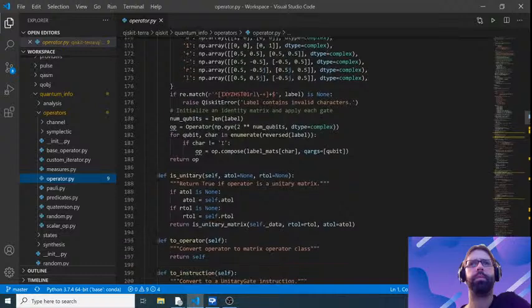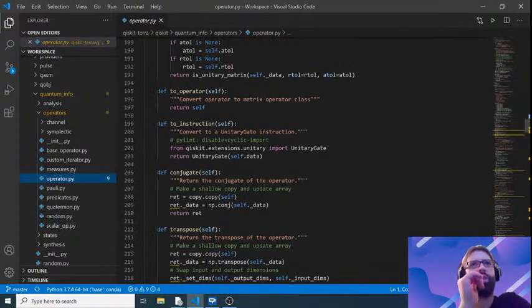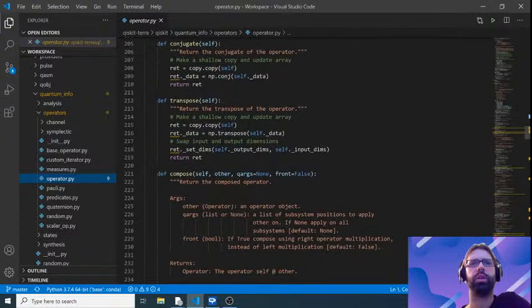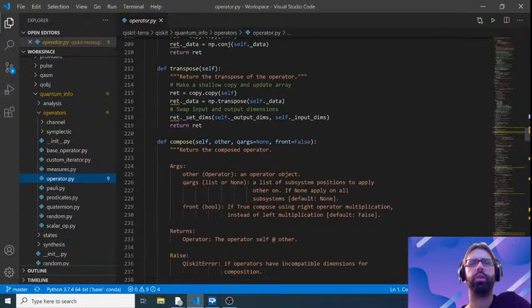It has functions for to instruction, to operator, conjugate, transpose, compose. The operator self at other.